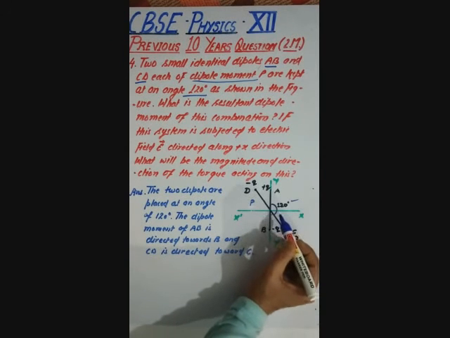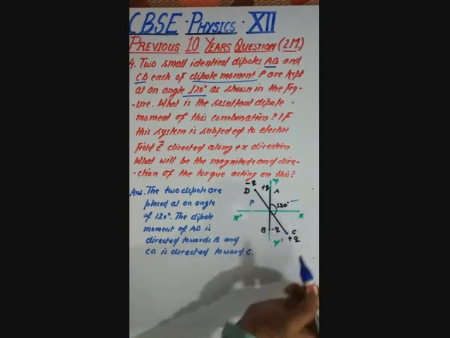In CD, it is directed toward C, in the positive charge.